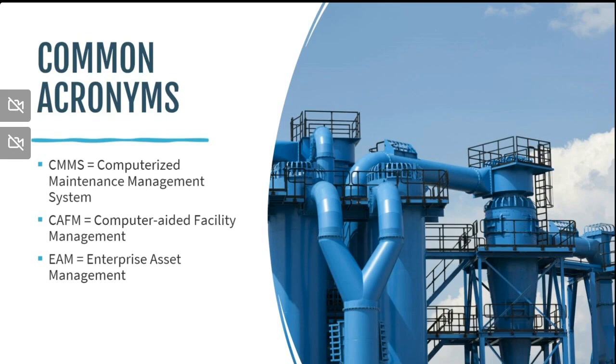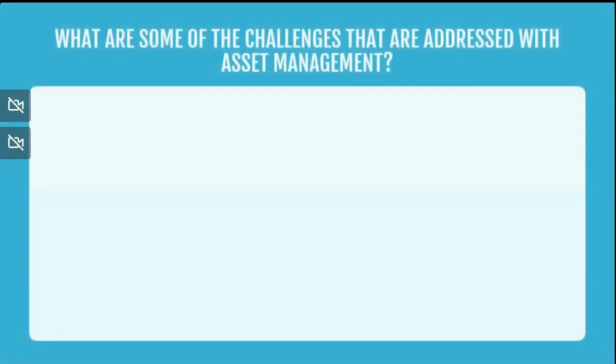Now, beyond the common acronyms, some of the really big challenges that many different industries face when it comes to asset management revolve around a couple of different topics. The first that I typically see is tracking what assets are owned inside of your environment. This scales in many different ways, meaning, where is the asset at?